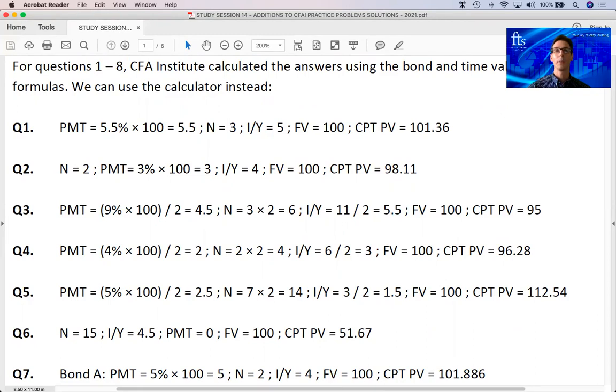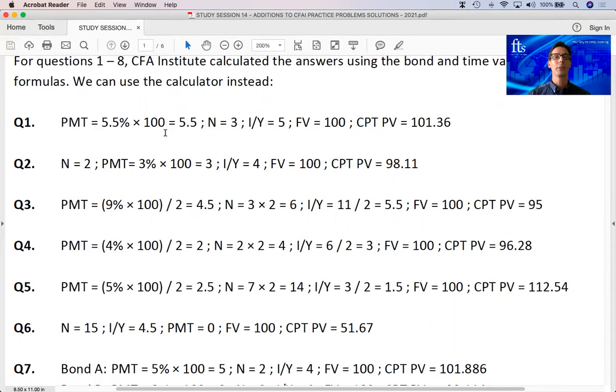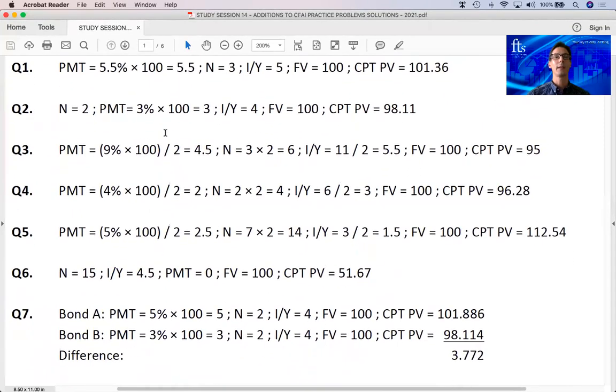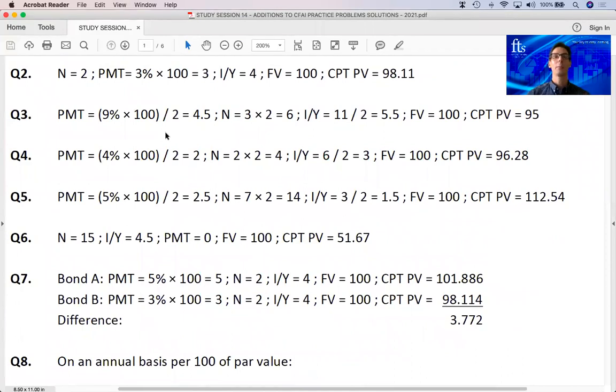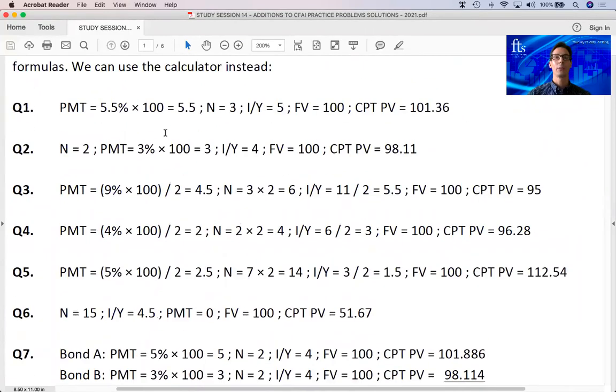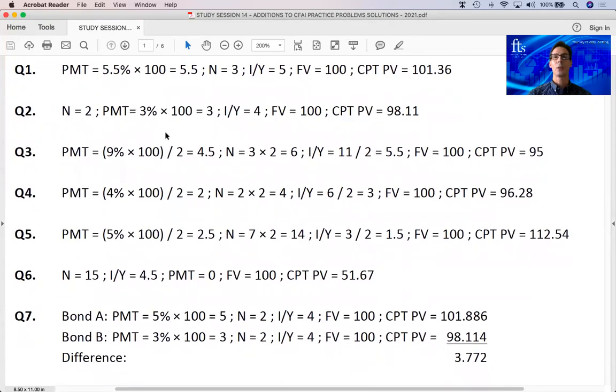That's what they were doing. But what I did is I solved these questions using the calculator like we've just done at the bottom of the previous slide. So I'm sure this will help you, but maybe look at the formulas as well, because it does help to also understand what's going on.